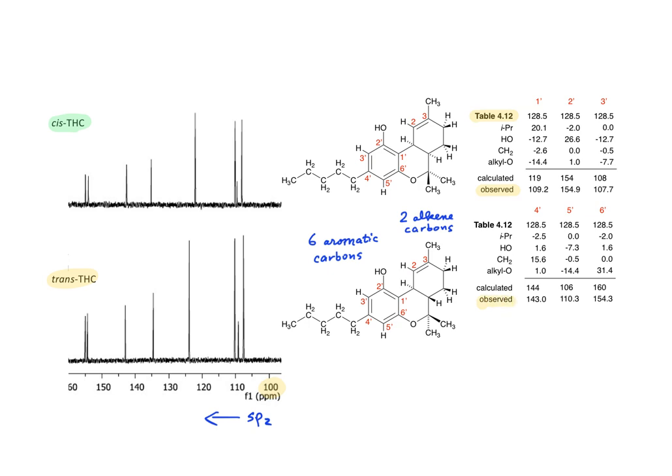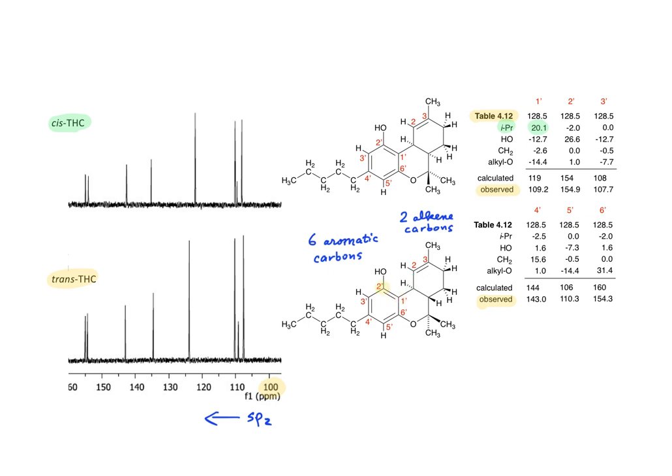We also have to make some approximations. At carbon 1, the substituent resembles an isopropyl group. And so we'll apply the correction factors for the isopropyl group for carbons 1' through 6'.